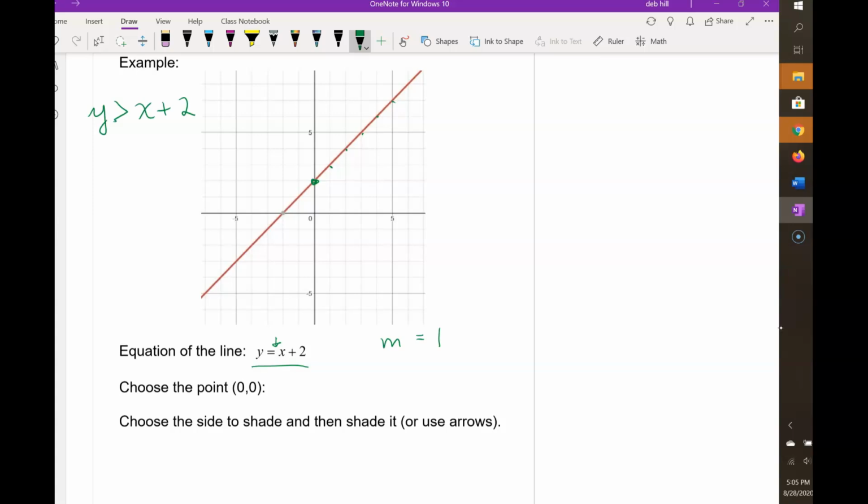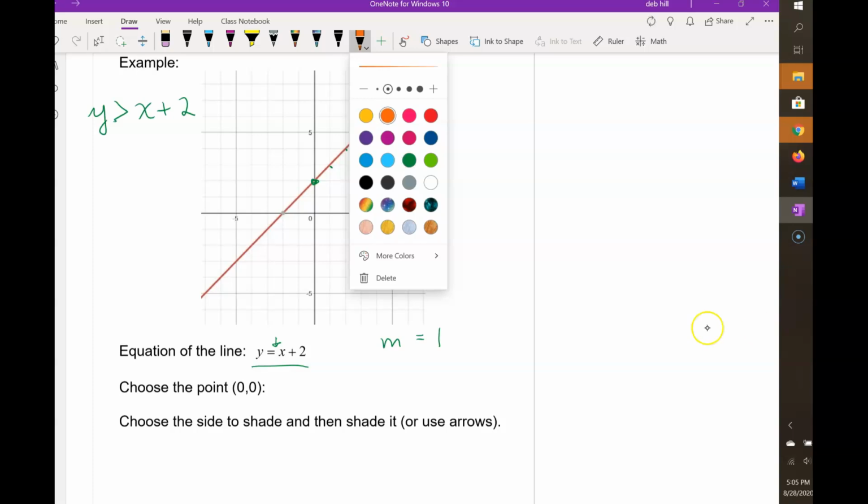And then you need to use a ruler or some kind of a straight edge to draw really, really straight lines, because it's going to matter later when we're looking for the intersections of two lines. If they're not both precise, you won't be able to find the intersection. So then I'm going to choose the point 0, 0 and see if that makes my inequality true or false.